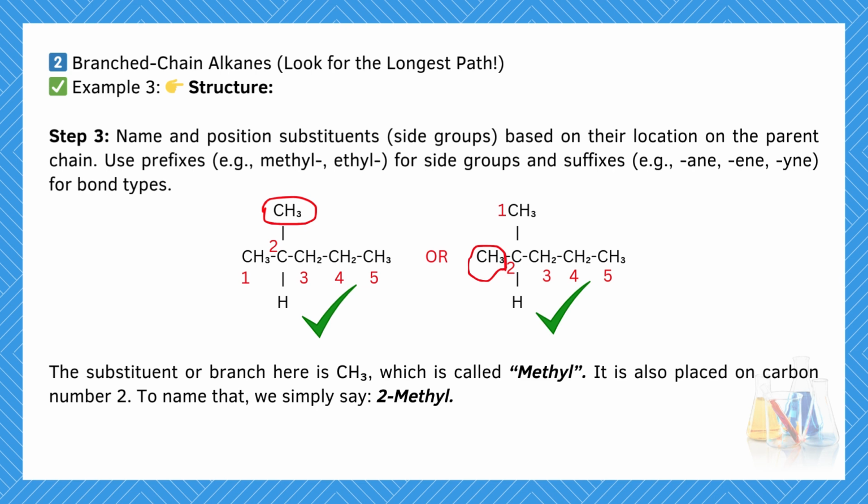We have CH3, and CH3 is called methyl. You can see the note below that says the substituent or branch here is CH3, which is called methyl, and it is placed on carbon number 2. If you check well, you will see that carbon number 2 is the point at which methyl is attached. So to name that, we simply say 2 dash methyl. That is how you name substituents.